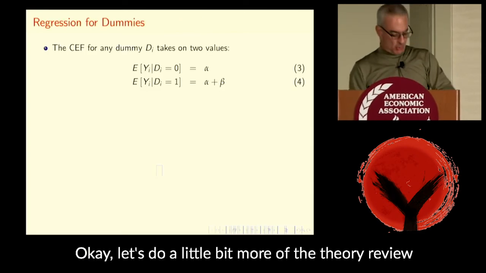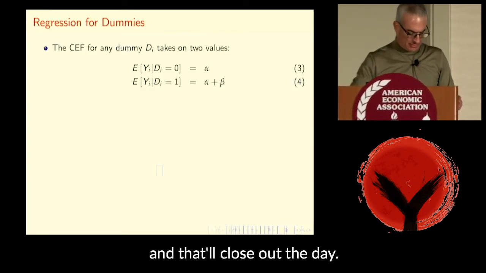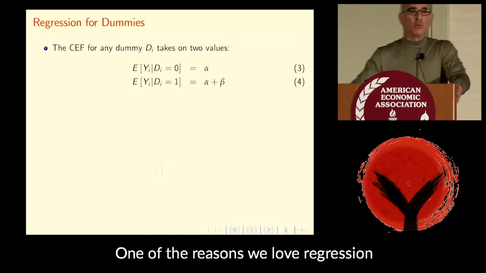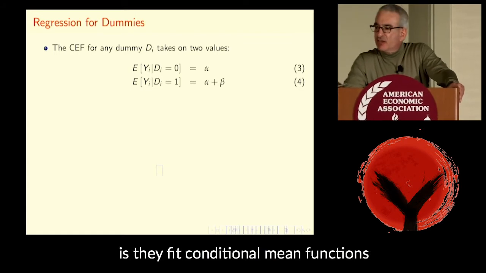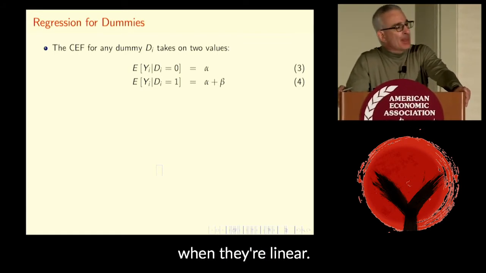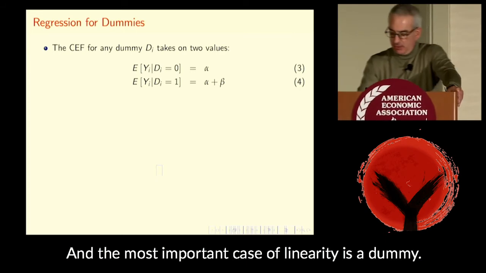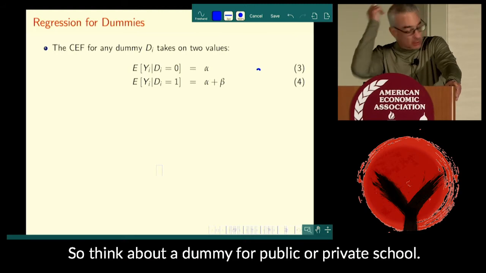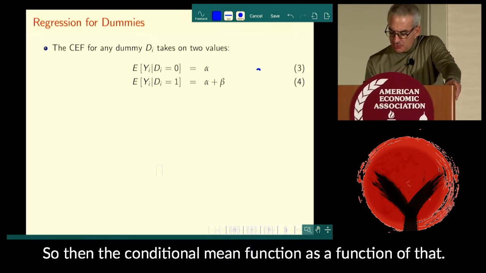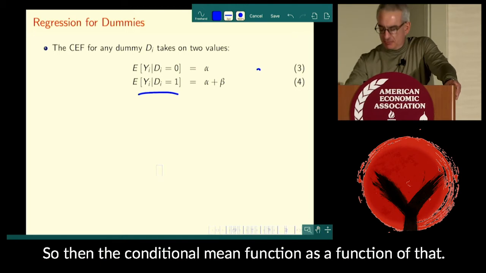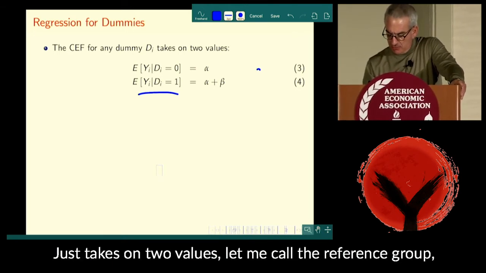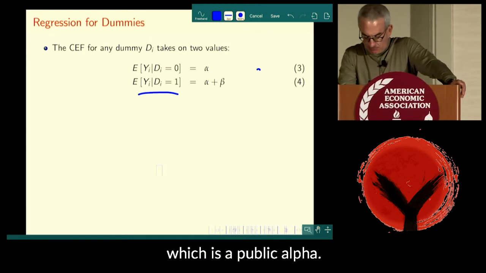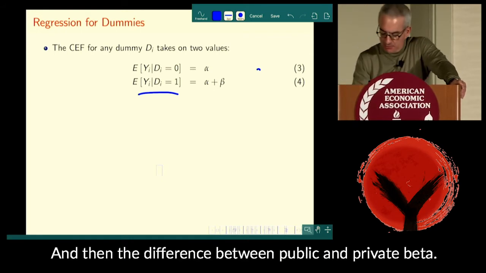Let's do a little bit more of the theory review, and that'll close out the day. One thing I mentioned, there's something special about dummy variables. One of the reasons we love regression is they fit conditional mean functions when they're linear. And the most important case of linearity is a dummy. So think about a dummy for public or private school. Then the conditional mean function as a function of that just takes on two values. Let me call the reference group, say public, alpha, and then the difference between public and private, beta.